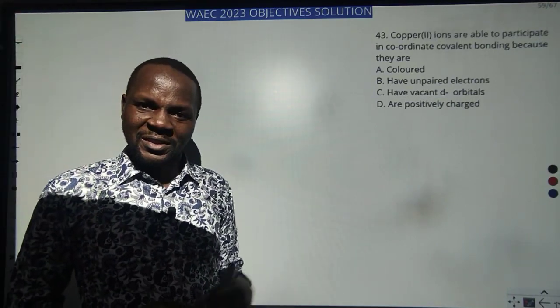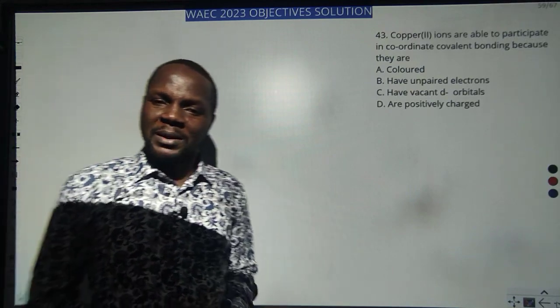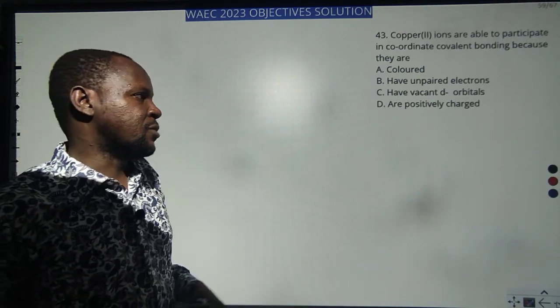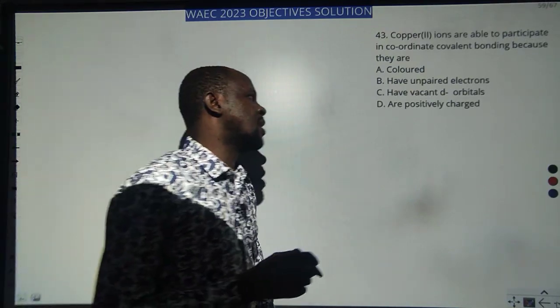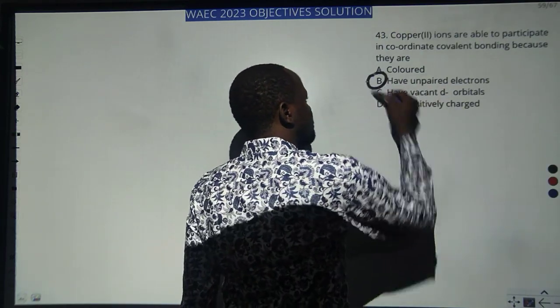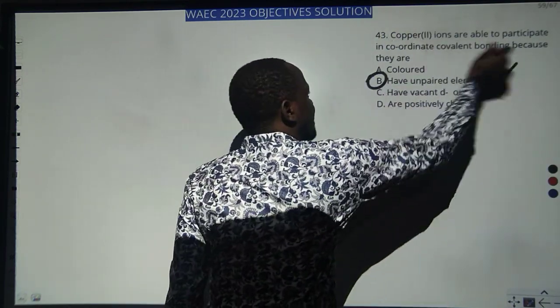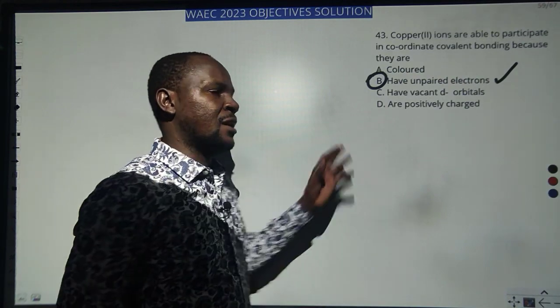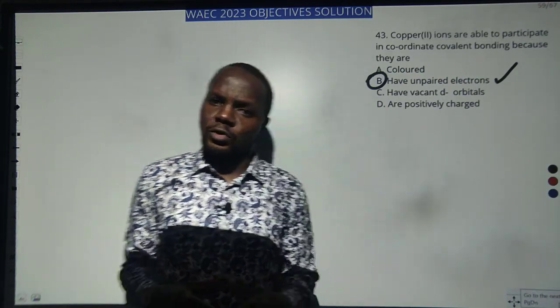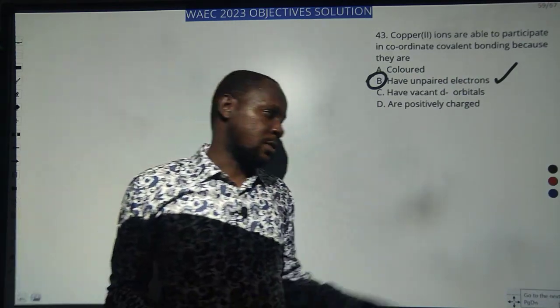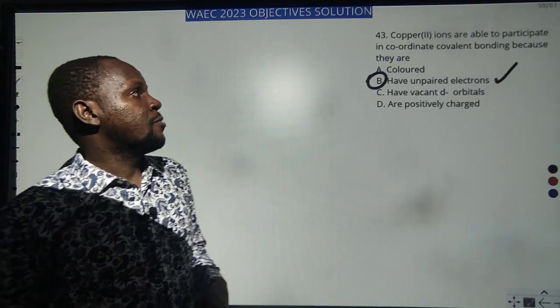So please note that it is not about copper being a transition metal. There must be a vacant orbital, that is, an unpaired electron. That is the reason why this can also happen. Other examples apart from this are your hydronium ion and ammonium ion. Next please, I'm there. 44.